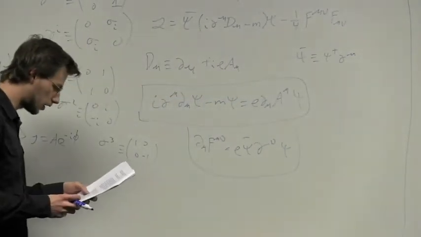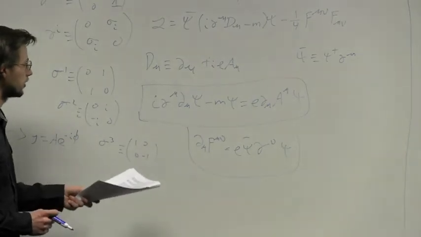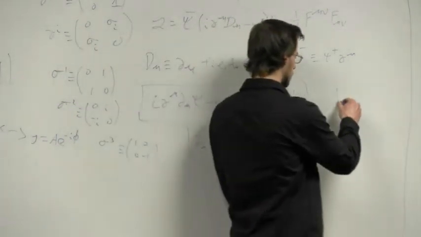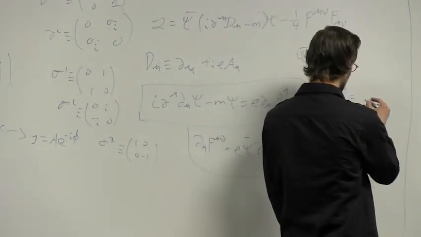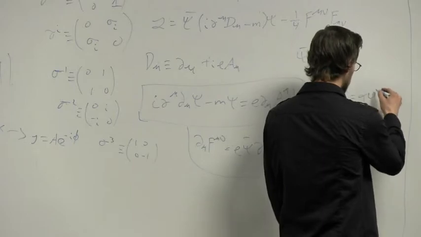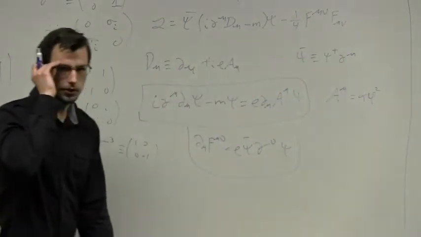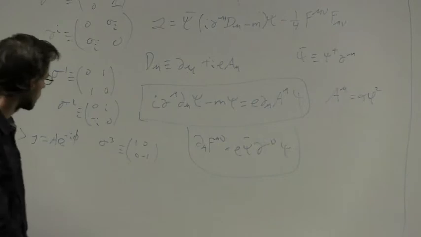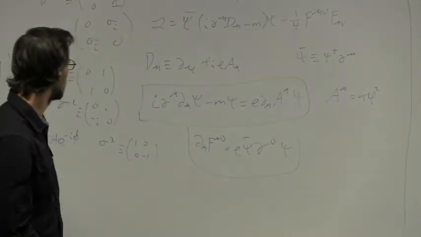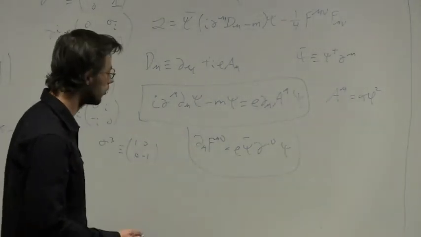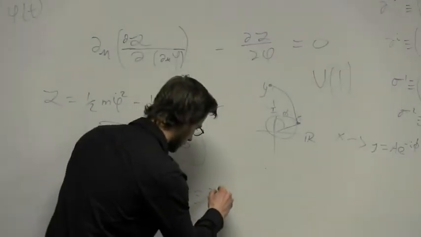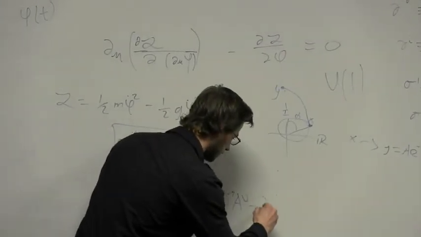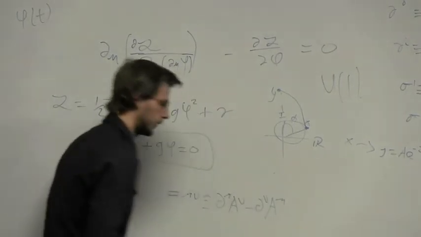And then another thing that's cool is A mu has to at least be on the order of some quadratic function for there to be a photon generated. Because essentially what you have here is second derivatives of A, because F mu nu was defined to be this.